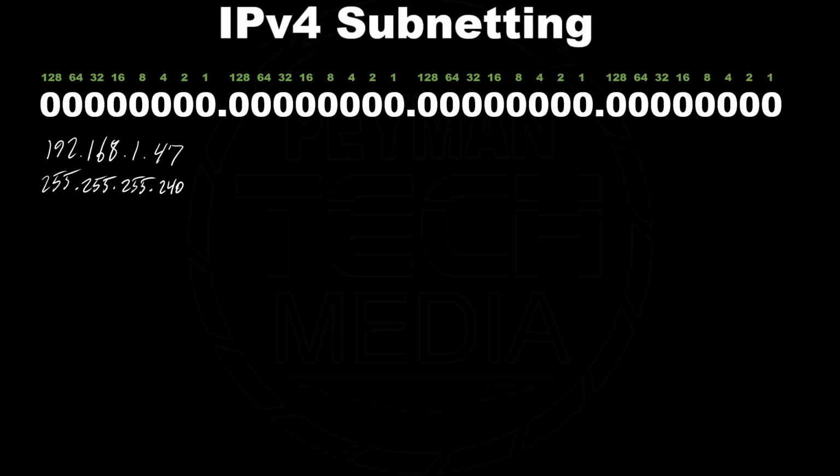In this example, they gave us one IP address and then they gave us a subnet mask and they asked what is this address based on this subnet mask. So what we need to do first, we have to take a look at the IP address and look at the first octet. In this case, the first octet is 192. 192, that's class C. And the default subnet mask for class C is 255.255.255.0.